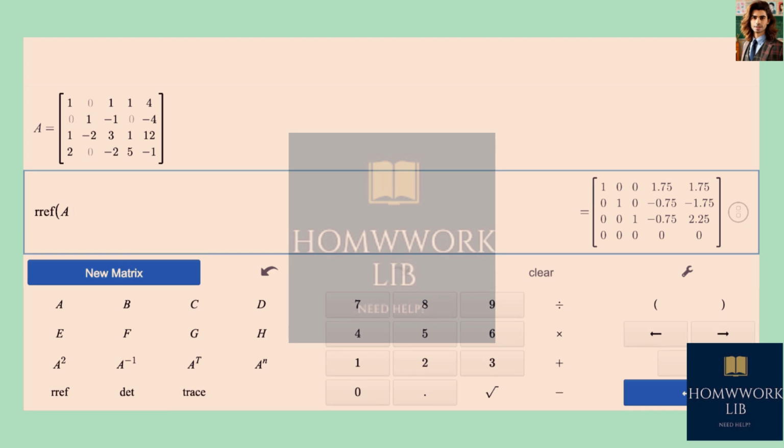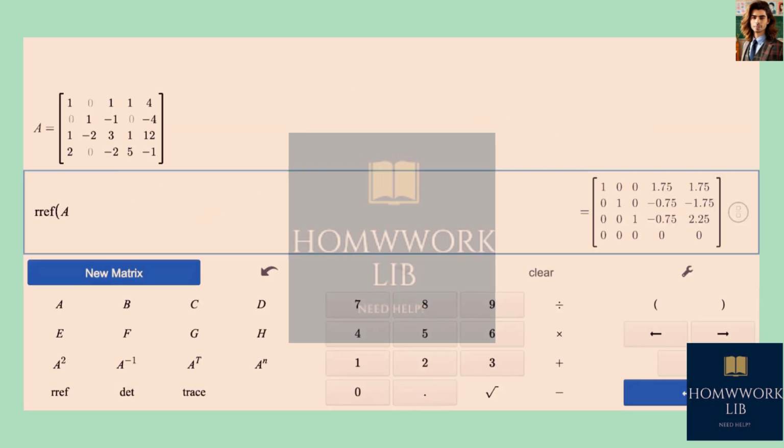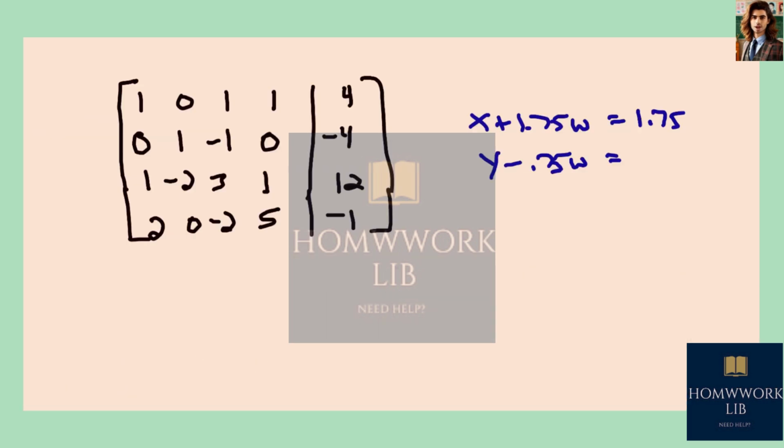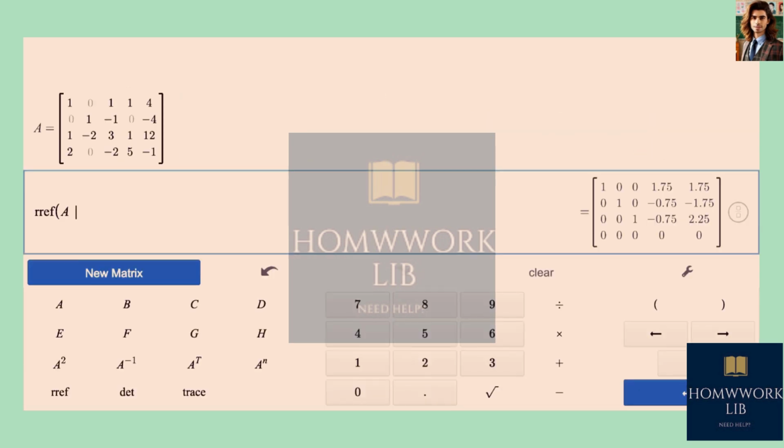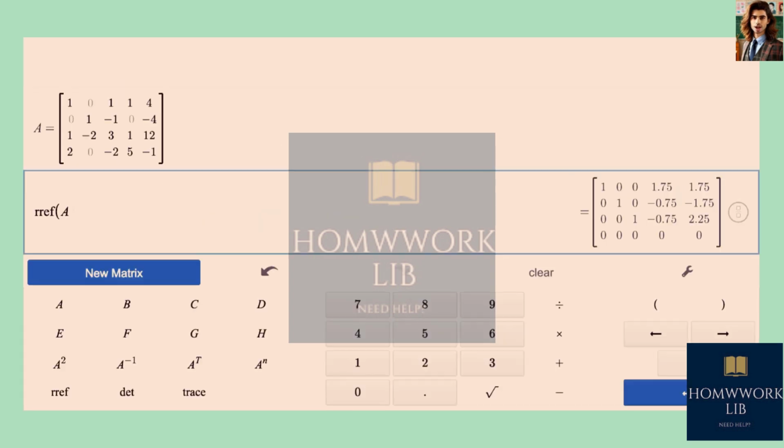Y minus 0.75w equals negative 1.75. Z minus 0.75w equals 2.25. And then we just have w.